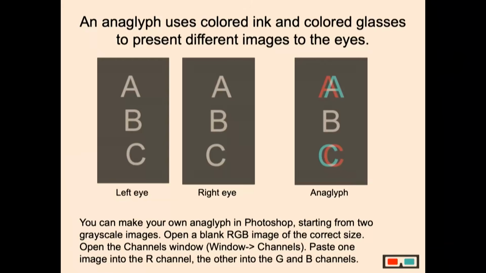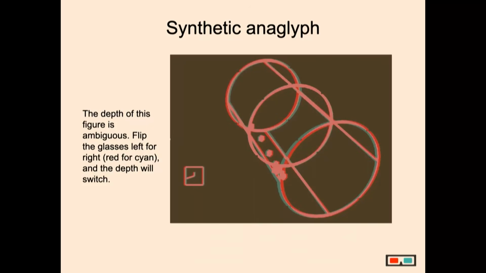So this one is not that exciting. This one's a little bit better. Yeah, I like it. So if you flip the glasses, the depth will switch, because you're going to reverse the disparity. Right?